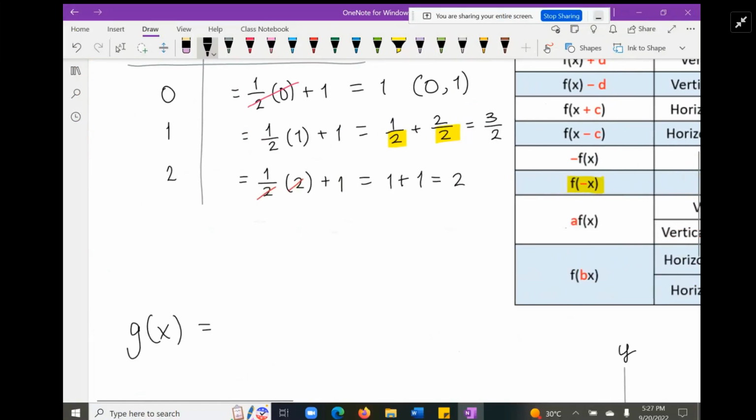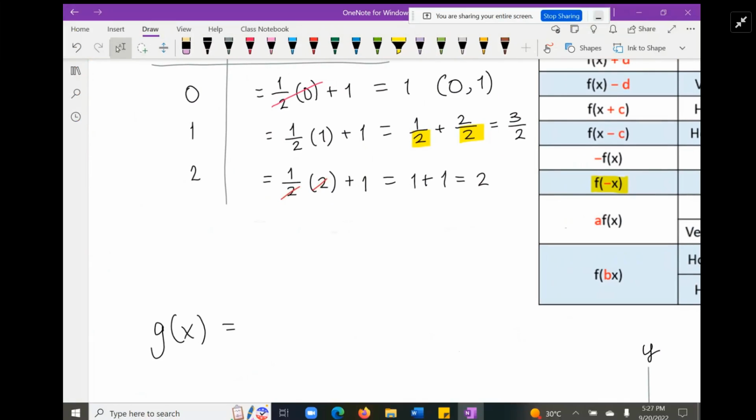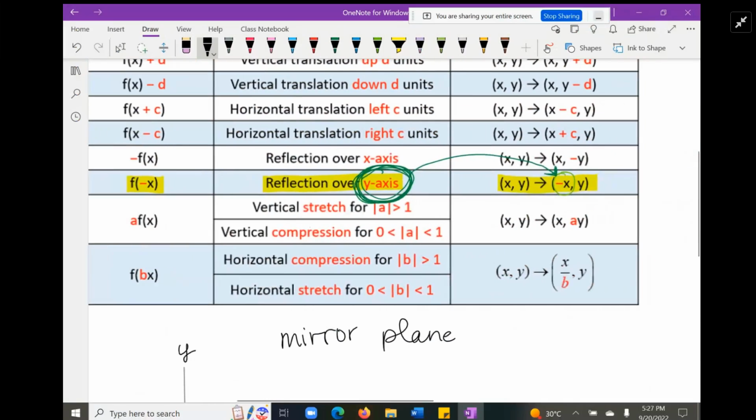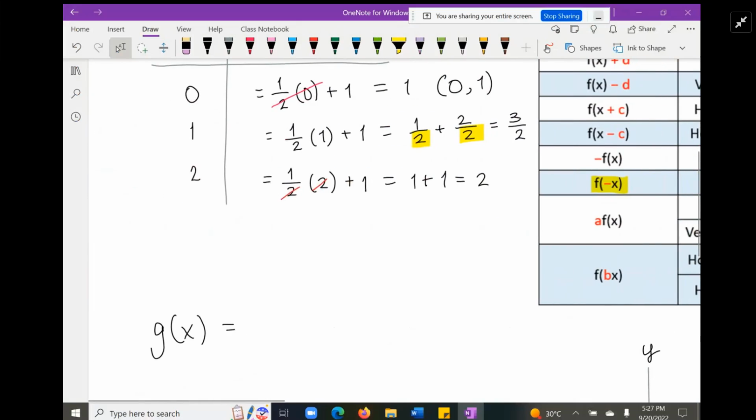So that's really the only thing we have to do here in order to write our function g equation. We just need to put it on the x, because again, the x values are what's changing or flipping in the signs to produce a reflection over the y-axis. Okay, so we're going to write this equation as 1/2 times -x plus 1.